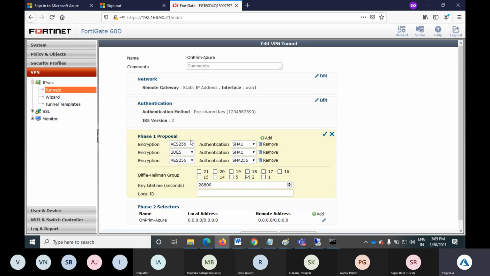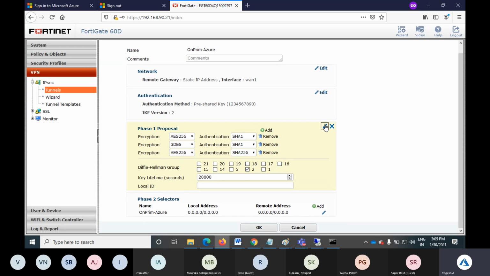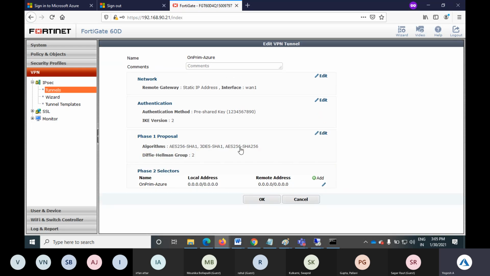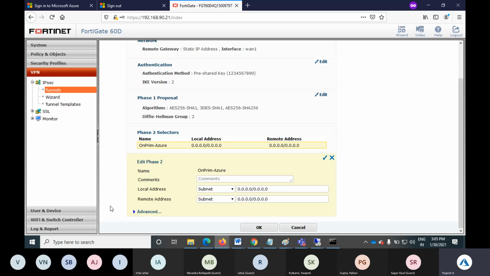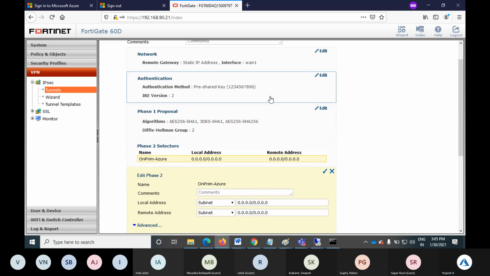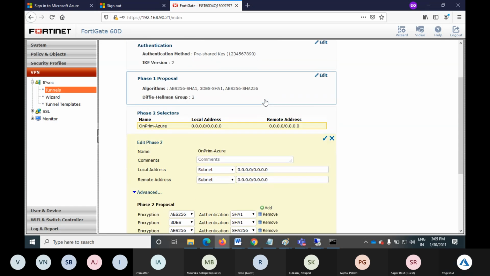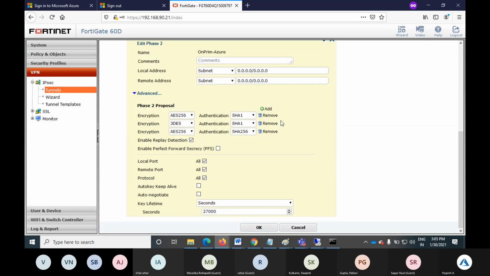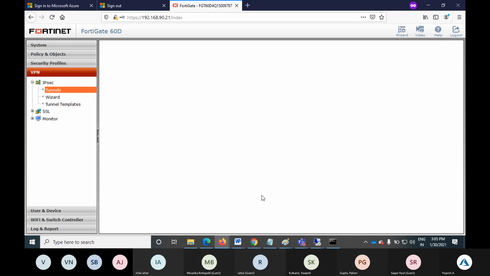So three authentication mechanisms. We are using advanced. It's good.